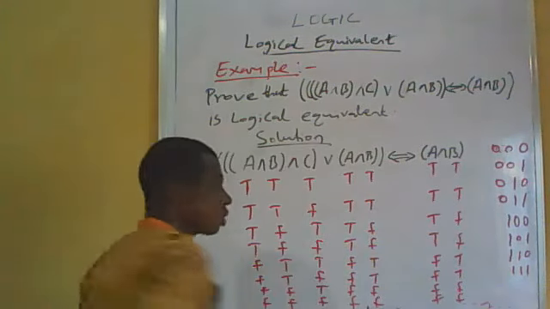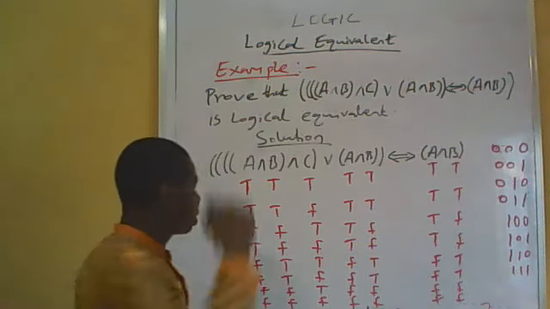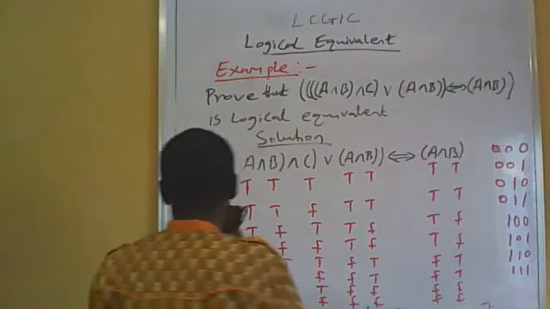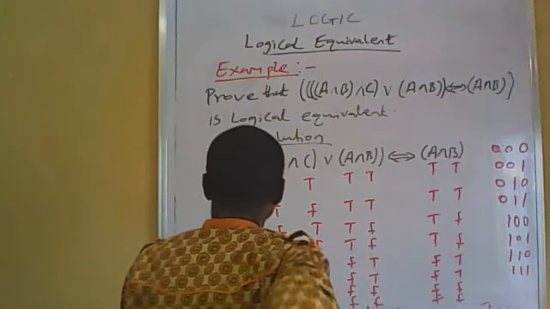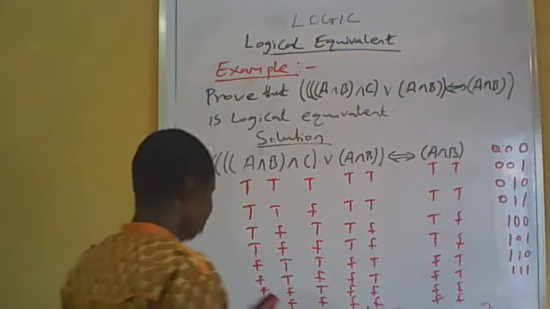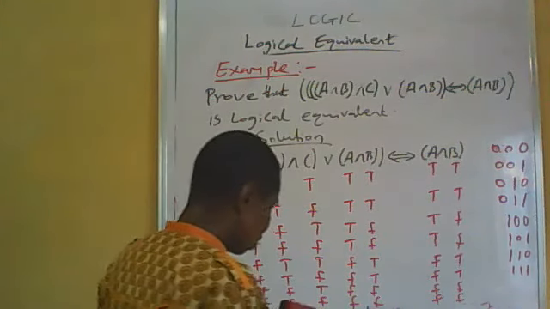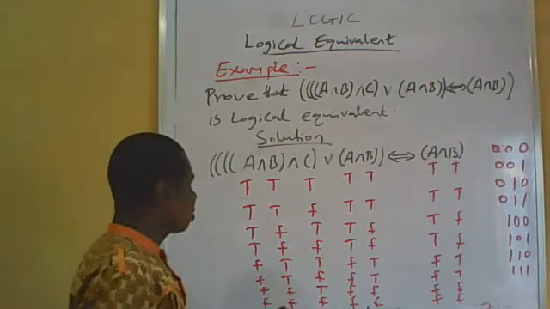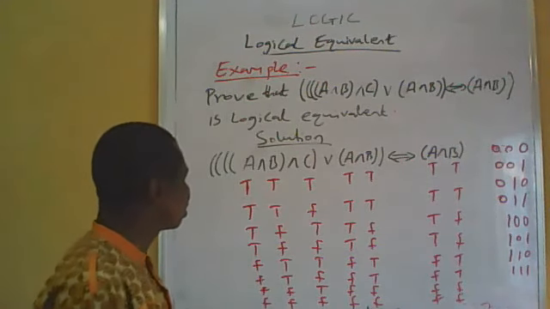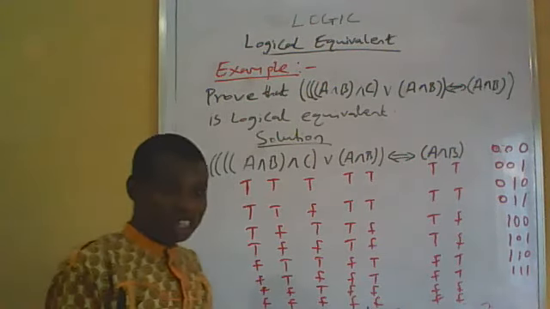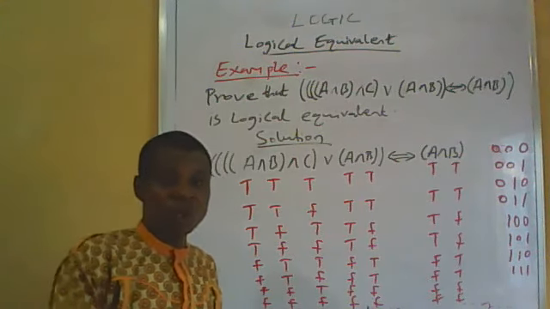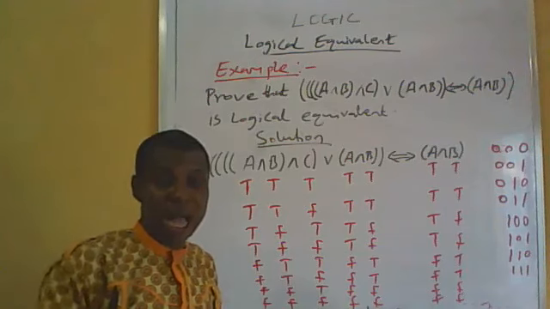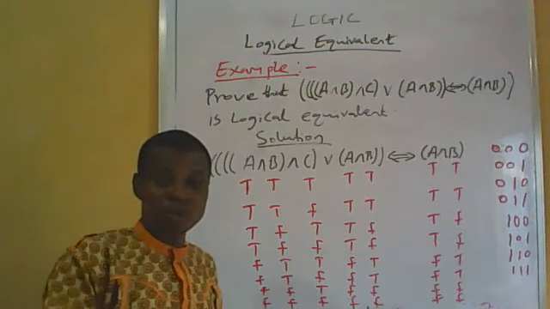Now let us evaluate the statement. Now we know that we can only evaluate a conjunctive statement to be true if the conjuncts have the same truth value.